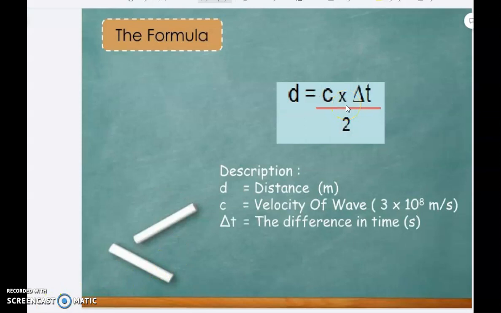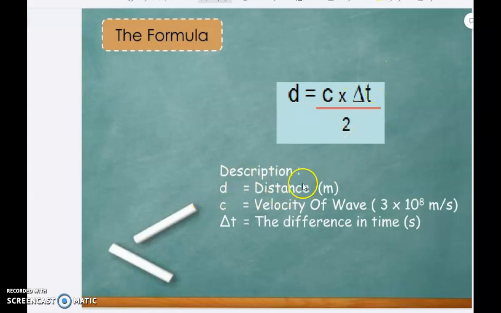Before we proceed, I would like to introduce the formula for this, because as you know, when we are dealing with physics, it is very crucial for us to pay attention to calculations, because we are going to be using this formula. d equals c times delta t, the small change in time, divided by 2.